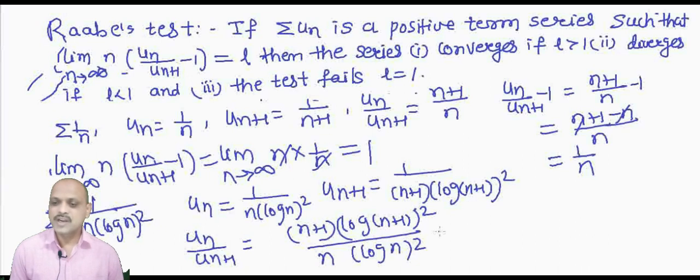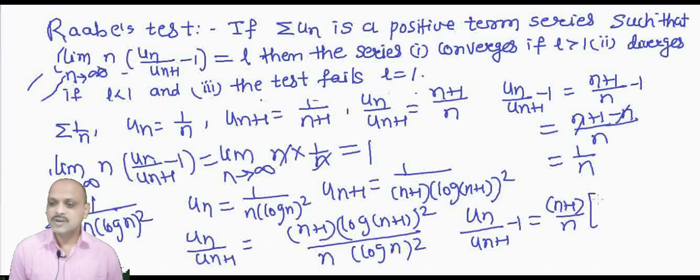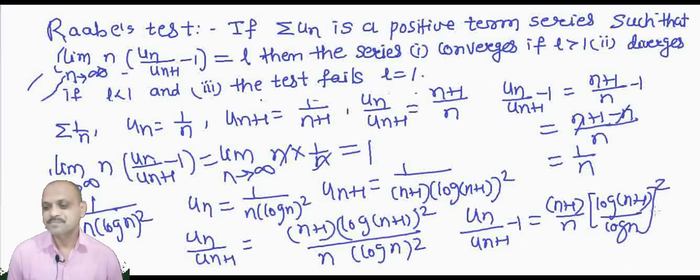Now un divided by un plus 1 minus 1 equal to n plus 1 divided by n into log of n plus 1 divided by log of n whole square minus 1.